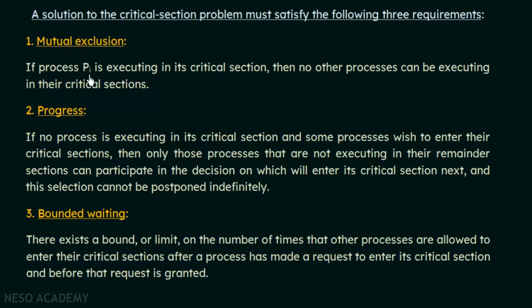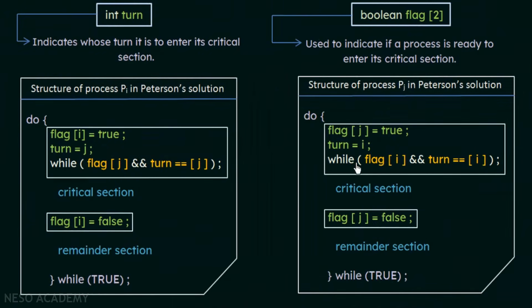Mutual exclusion states that if Pi is executing in its critical section, then no other process can be executing in its critical section. We saw that with the help of this while loop in Peterson's solution, when one process is executing in its critical section, the other could not enter its critical section until the other process has completed and exited from its critical section. So mutual exclusion is preserved.